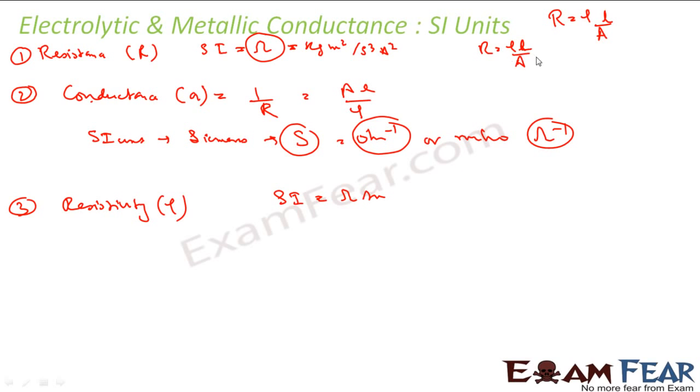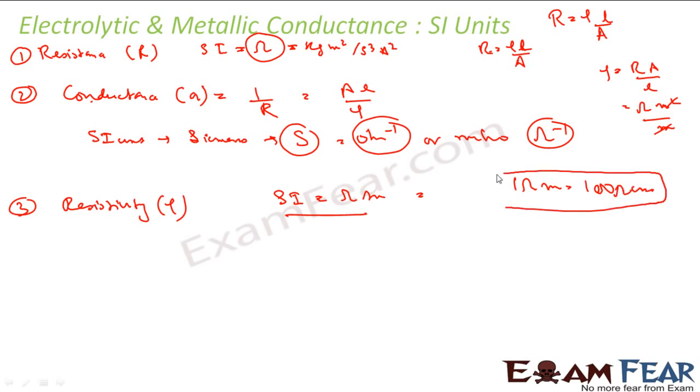So you put this side, so this rho becomes RA by L, right? Find the unit. Resistance is ohm, A is meter square, and length is meter. This gets cancelled. This becomes ohm meter. So SI unit is ohm meter, right? And ohm centimeter is also used. So 1 ohm meter is nothing but 100 ohm centimeter. So both are used actually, but ohm meter is the SI unit.